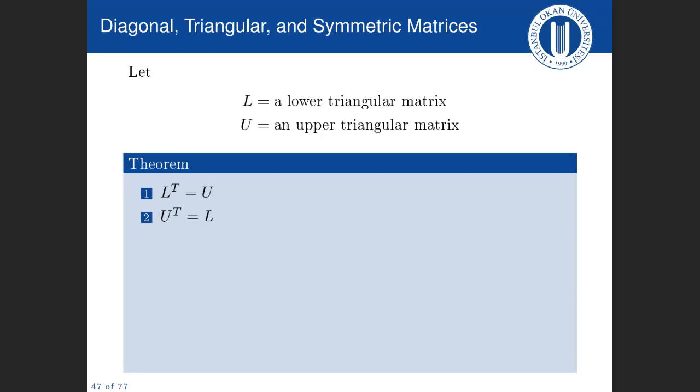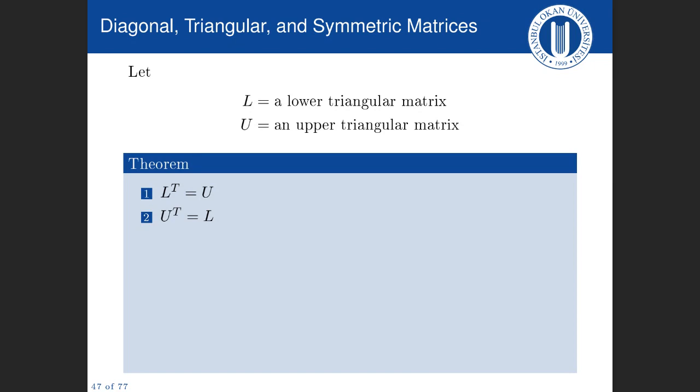In this next theorem, I'm using capital L to denote a lower triangular matrix, just some matrix, and I'm using capital U for an upper triangular matrix, any upper triangular matrix. Rule number one, if we take the transpose of a lower triangular matrix, then we get an upper triangular matrix.